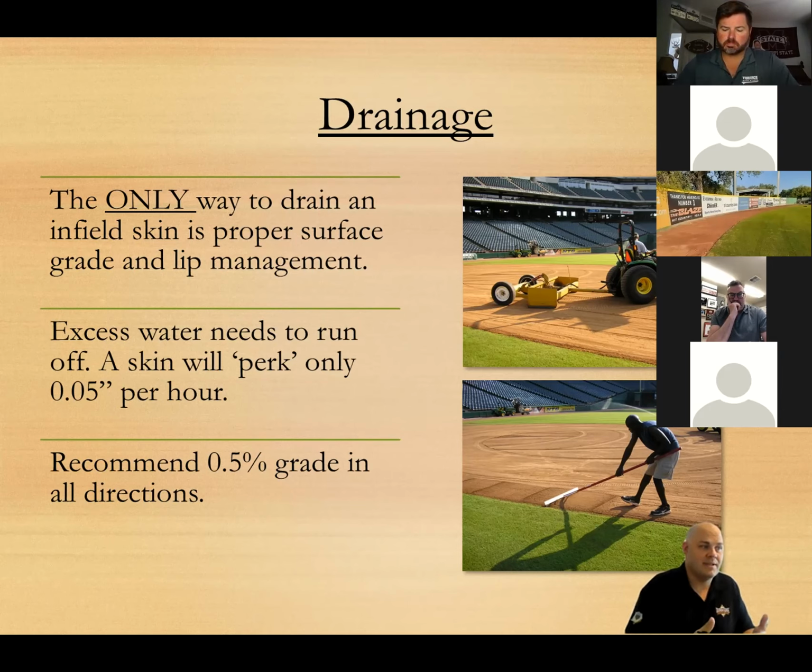So those areas are really, really good at infiltrating moisture and nutrients because of the porosity in them. But infield skins, because you're talking really fine particles, once those are compacted, you're not going to see much infiltration. You're going to see an infiltration rate of about 0.5 inches an hour, which is very, very slow. So when you're trying to hydrate a 4 or 6 inch column and get moisture all the way through it, it is a slow, gradual process to get that moisture to leach through that whole column.